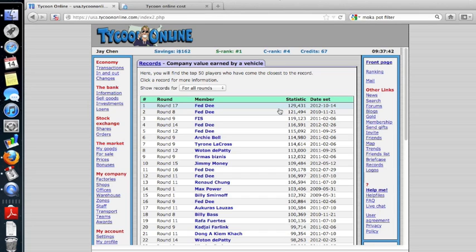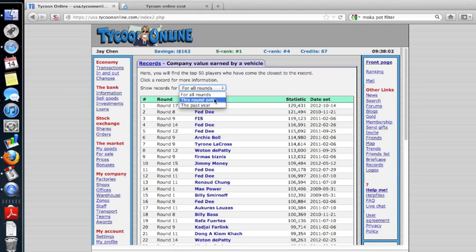Now this gives you a rough idea as to whether or not you should buy another airplane, because all vehicles get more expensive as you go, and if they don't make enough CV for you, you're better off not buying the vehicle.